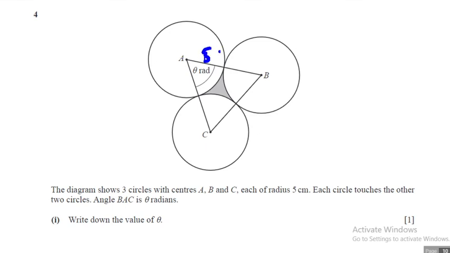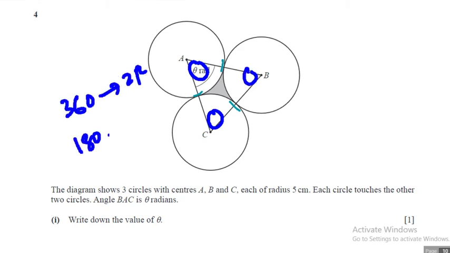If this is 5, 5, so that's 5, 5, 10. Which means this is an equilateral triangle, with the same length on all sides. You know that the total angles in a triangle is 180, right? If 360 degrees is 2 pi, then 180 should be pi.